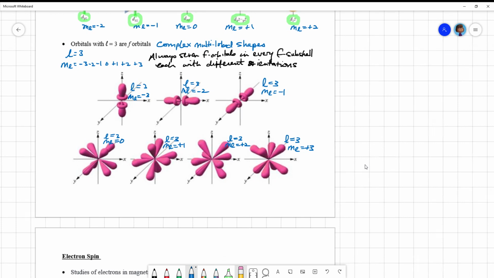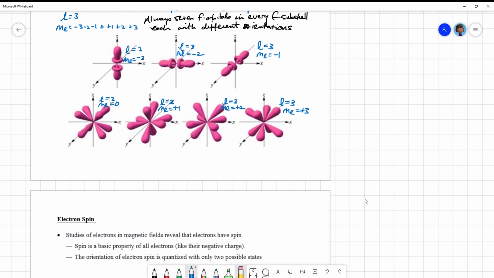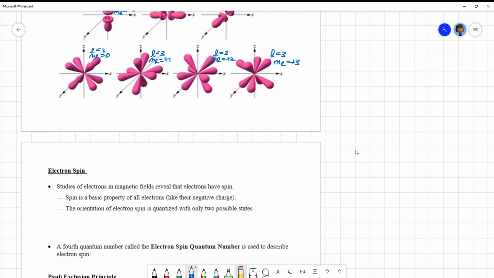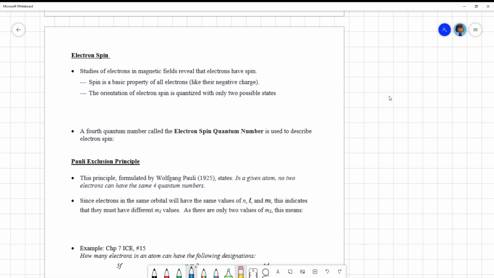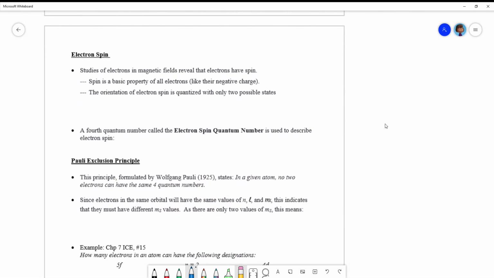Okay, so now we've taken a look at the various shapes and orientations of orbitals and subshells. Now we're going to get to another important aspect of orbitals and particularly electrons, and that is something called electron spin. As it turns out, studies of electrons in magnetic fields reveal that electrons all have a property known as spin.